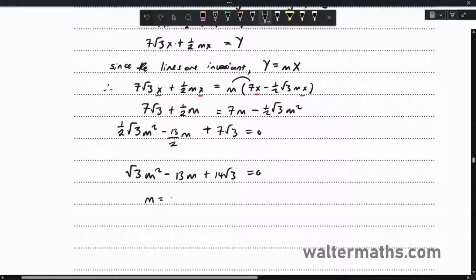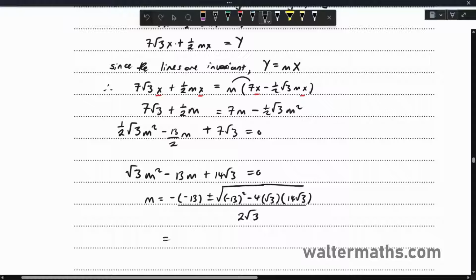So m is equal to minus b plus or minus the square root of b squared minus 4ac, all divided by 2a.